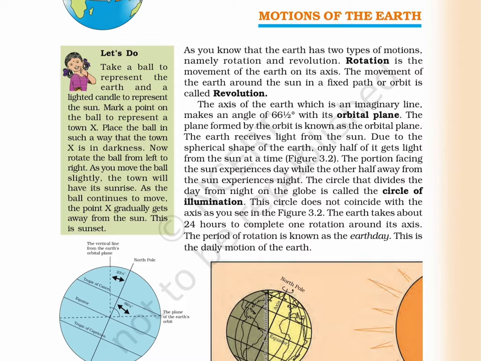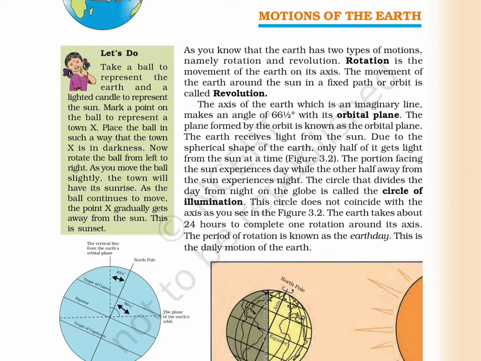The Earth takes about 24 hours to complete one rotation around its axis. The period of rotation is known as the Earth day. This is the daily motion of the Earth. Figure 3.1 shows inclination of the Earth's axis and the orbital plane, wherein we see the North Pole and the South Pole.